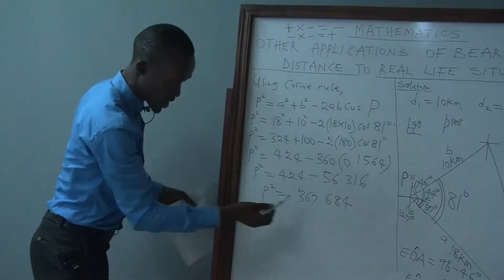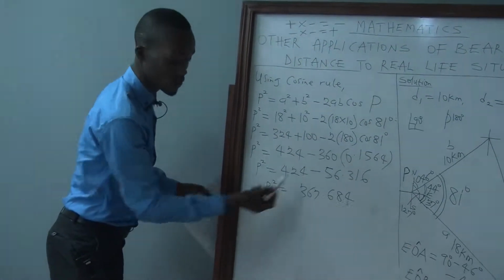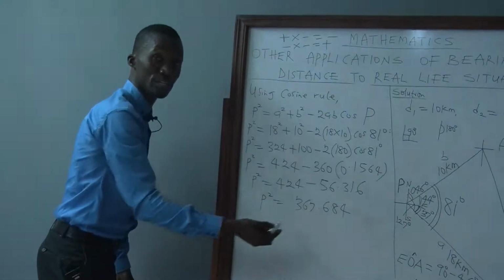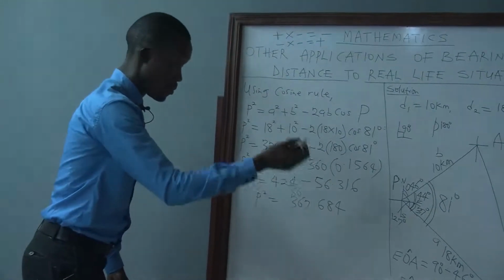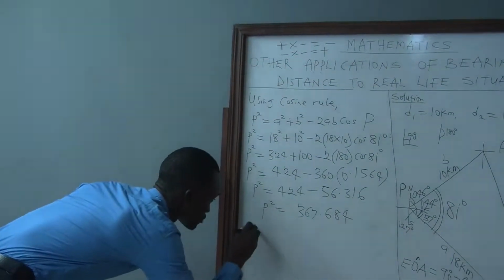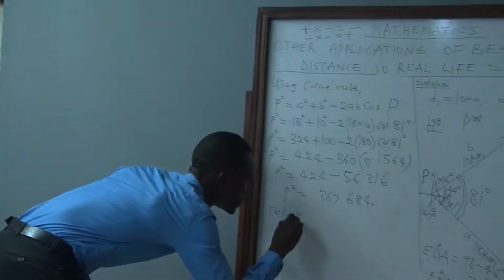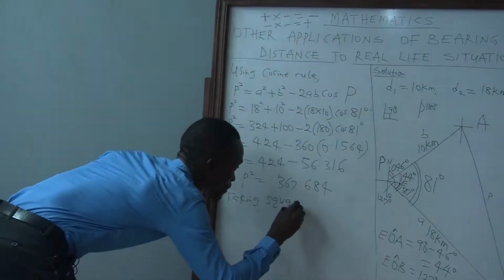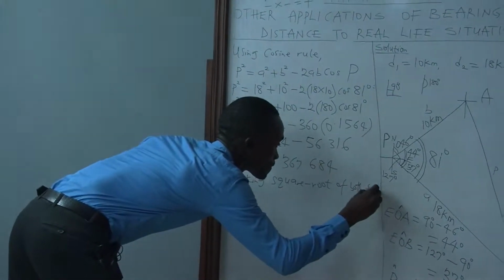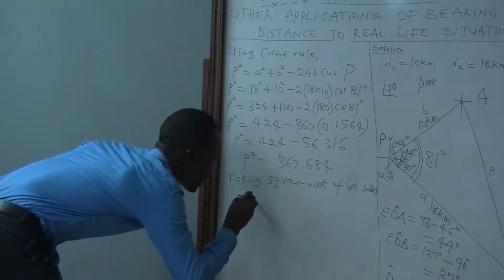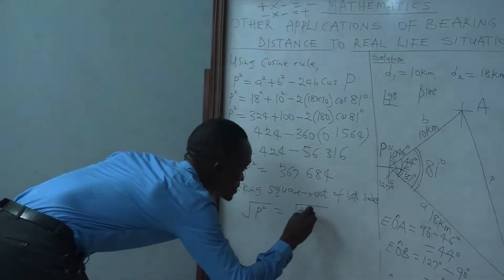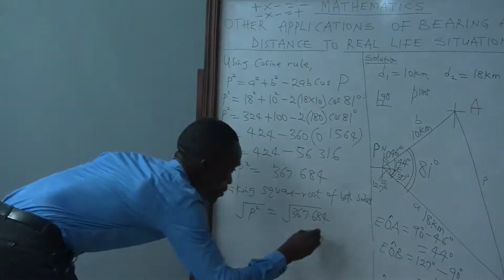So at this point, we have an expression that involves square. And for any expression that involves square, what we do is we take square root. So we take square root of both sides. By taking square root of both sides, we have square root of P square is equal to square root of 367.684.